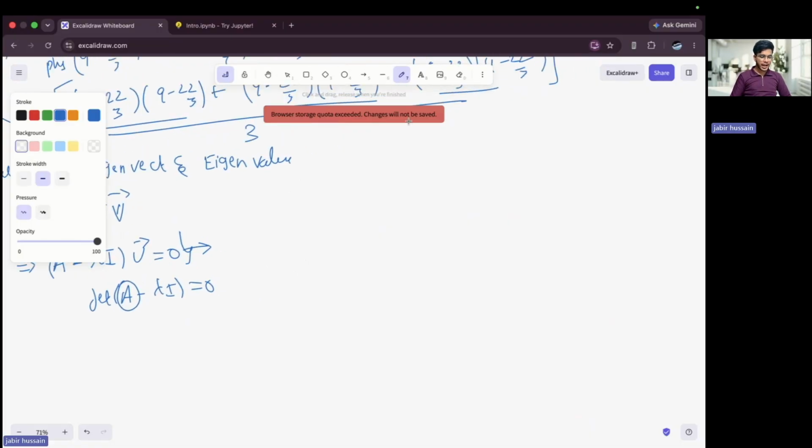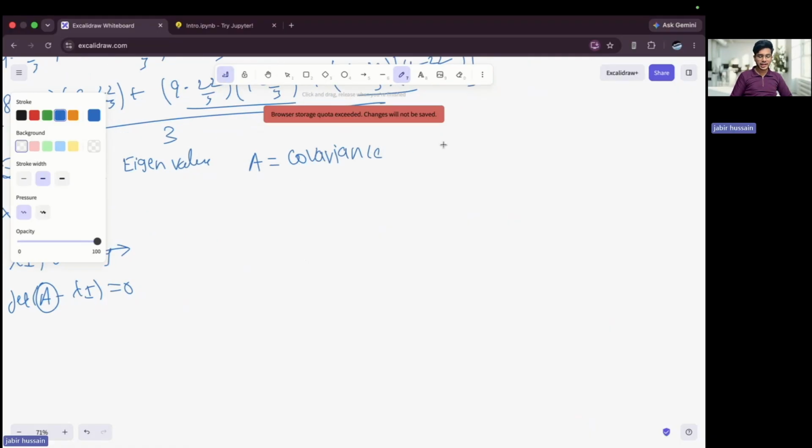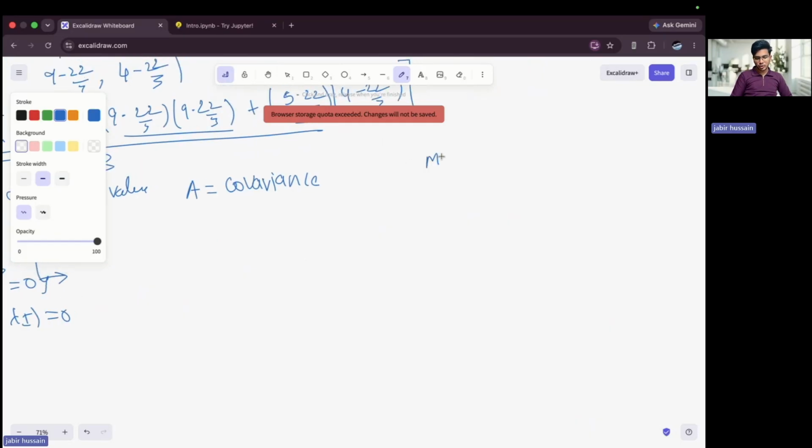Here A is our covariance matrix. So what is the covariance matrix? We create a matrix, let's say math and physics, and similarly math and physics. Whatever covariance we have calculated, variance of math, variance of physics, and when it comes to math and physics, we put covariance of math, physics.